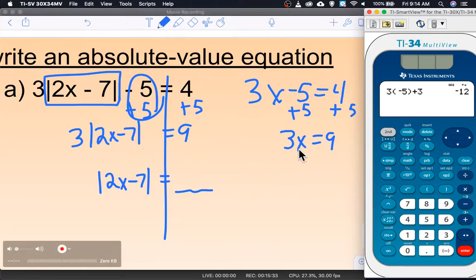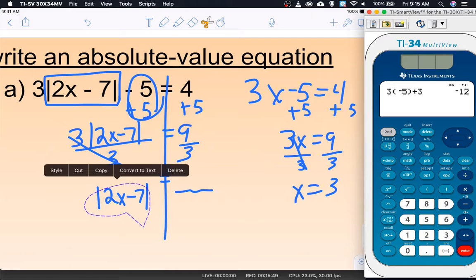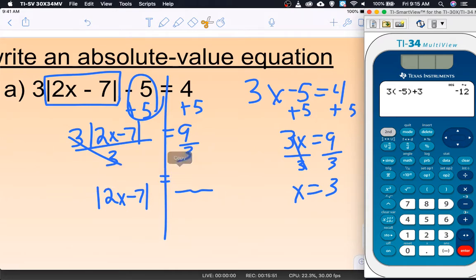So I would divide by 3 on the right and divide by 3 on the left. And those 3's cancel, just like those cancel. And we'd get x equals 3. Well, on the left, I'm just trying to move some stuff down, give myself a little bit more space. There we go. That stuff equals 3.